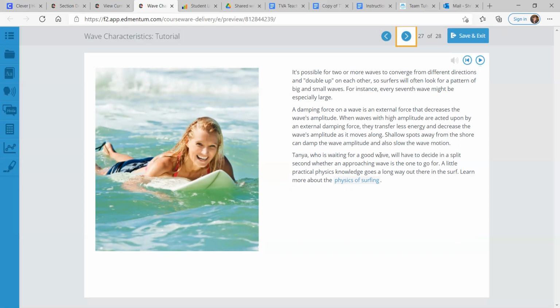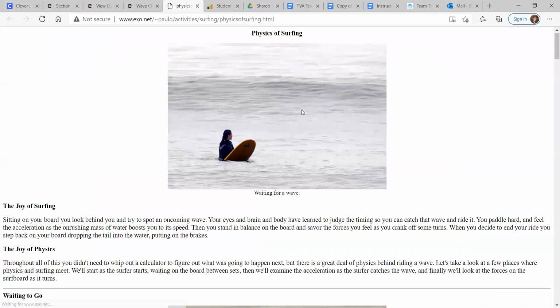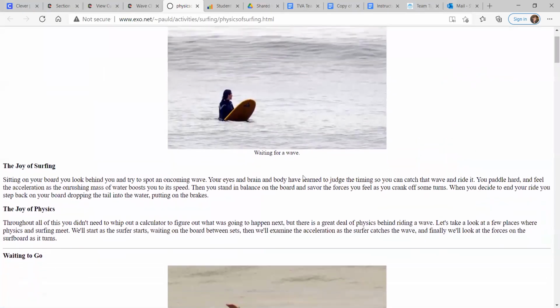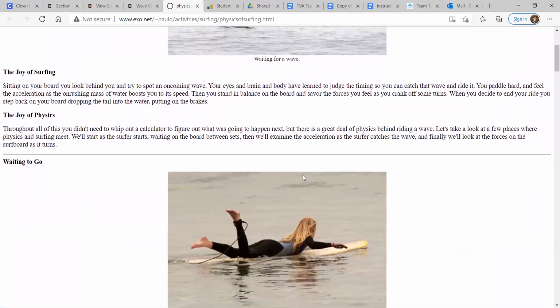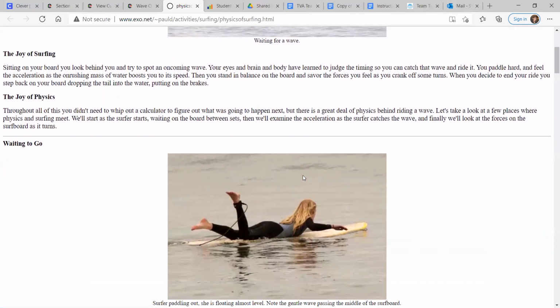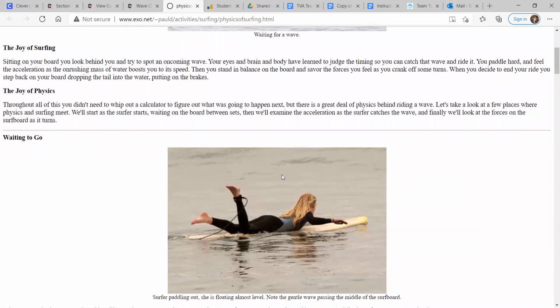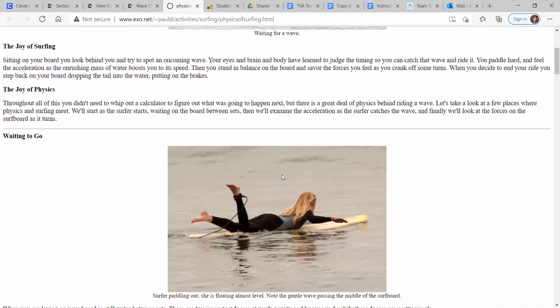And you can click here to learn more about the physics of surfing. It talks about the joy of surfing, the joy of physics, and you don't need to whip out a calculator, right? Just with a little bit of knowledge, you can use it to your advantage.